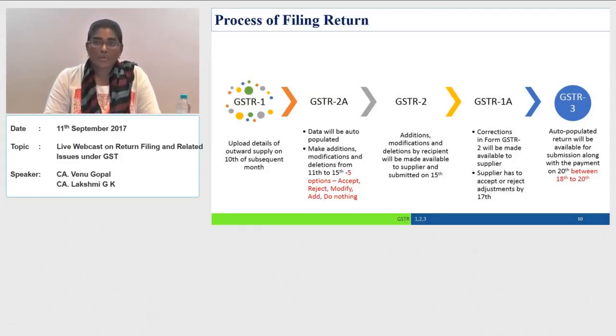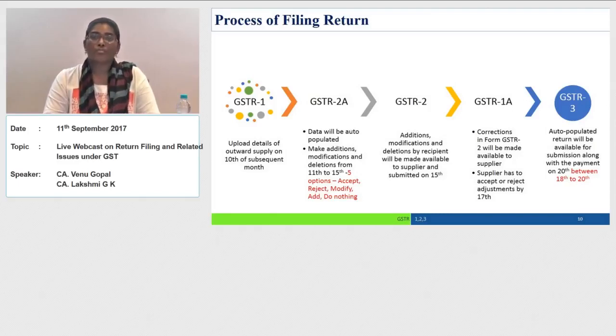Once this is downloaded, what is the action to be done by the recipient? He has to cross verify it with his books of accounts, that means the purchase register, and see if there are any rectifications or modifications to be done by him. So he can modify. The option of modification is allowed to the recipient.